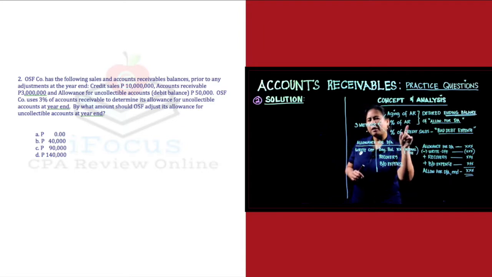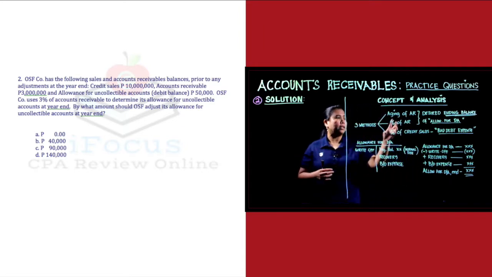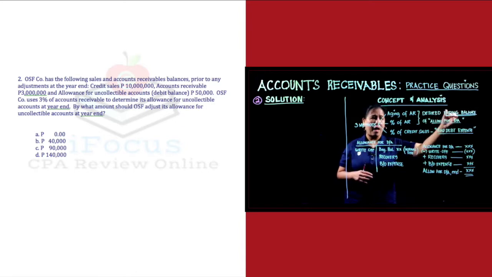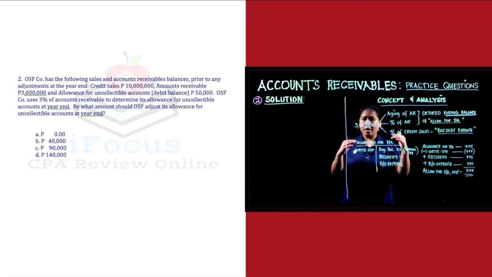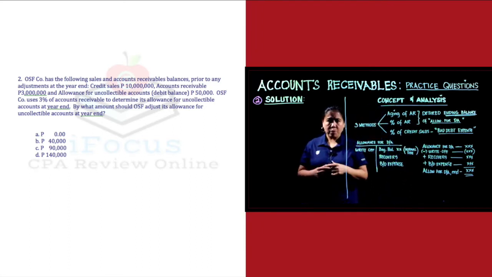So, yung makukuha nating percentage of accounts receivable, yan na po yung desired ending balance ng ating allowance for doubtful accounts. Alright? Yung account na ito, yan ang magiging ending balance natin. To solve this problem, mag-uumpisa tayo sa unadjusted balance ng ating allowance for uncollectible accounts.